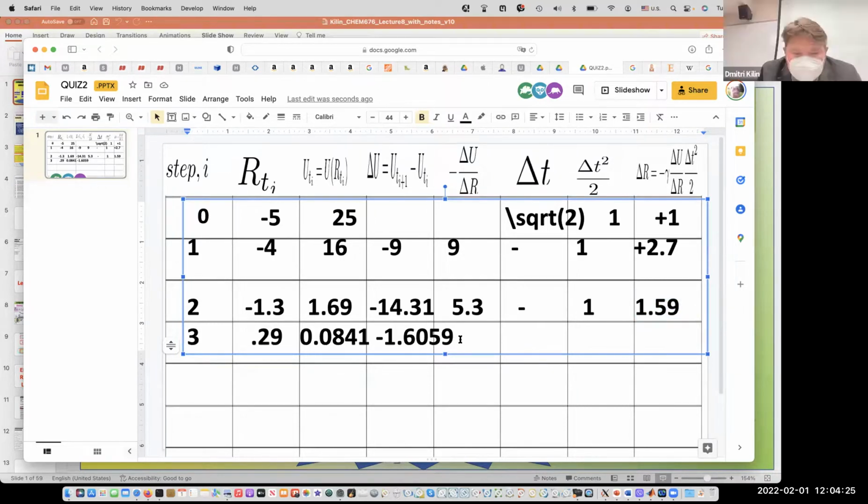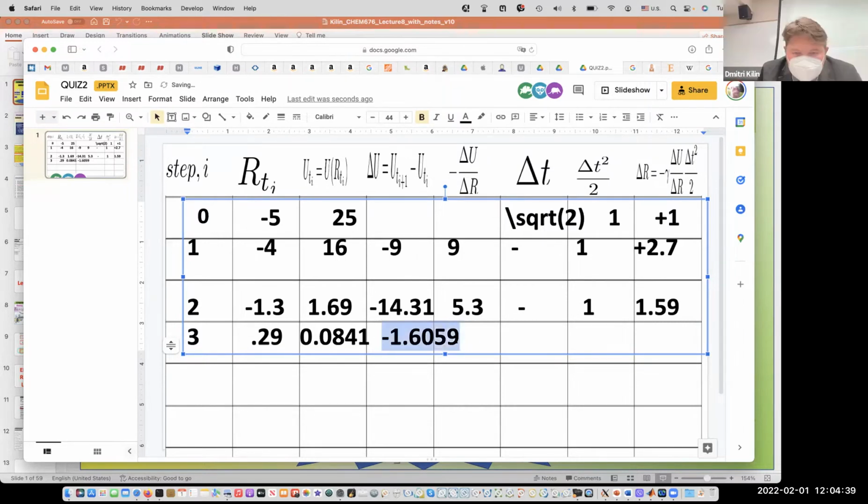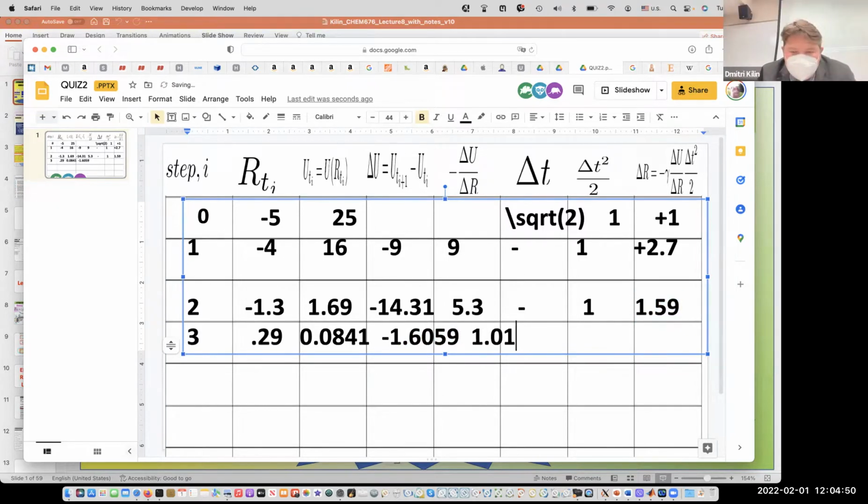Is that minus 1.6059? Yes. Minus 1.6059 divided by 1.59. So 1.01. Okay, so that was the gradient.